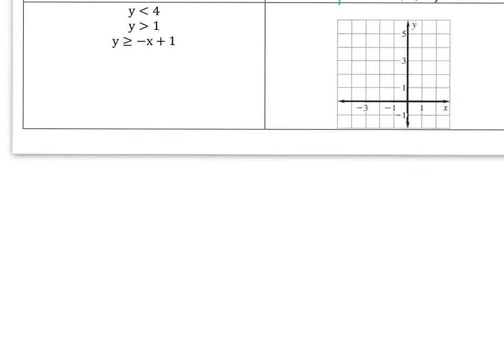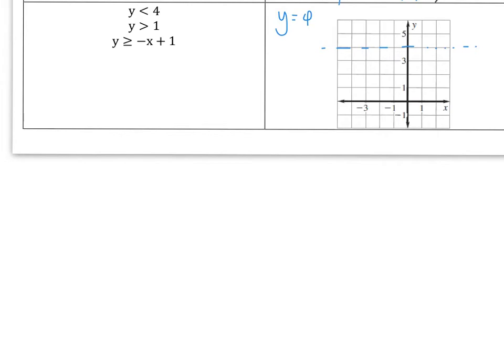Okay, so now we have the case where you have 3 inequalities as your system of inequalities. That's okay. We'll first graph the boundary line for y less than 4, which is y equals 4. That would be here, and we make this a dashed line because it's a less than sign.